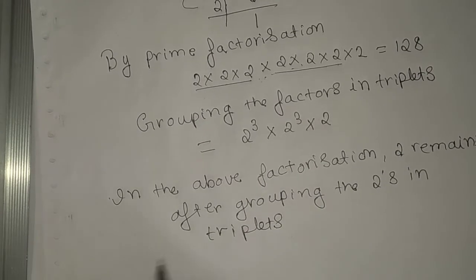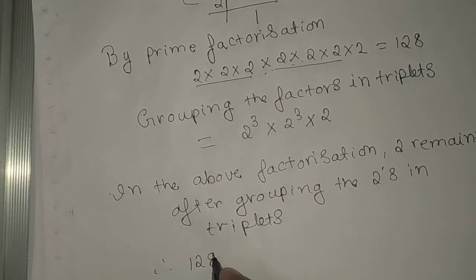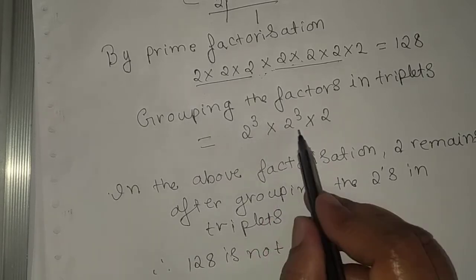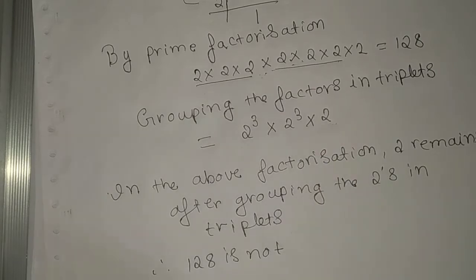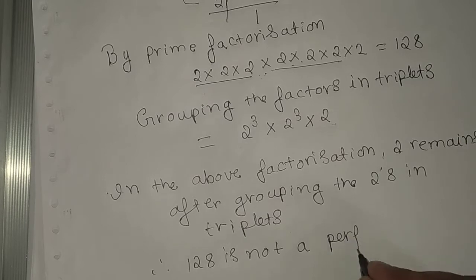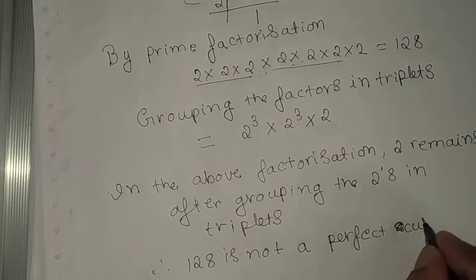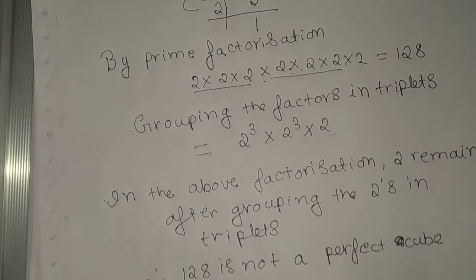So finally we have to write that 128 is not a perfect cube, since there are two pairs of cubes and 2 is left out. 128 is not a cube. So this is the solution for the second one.